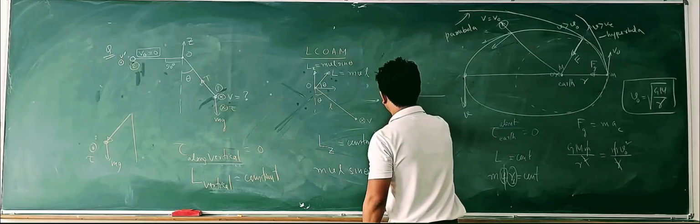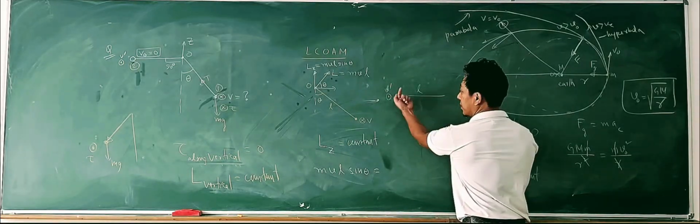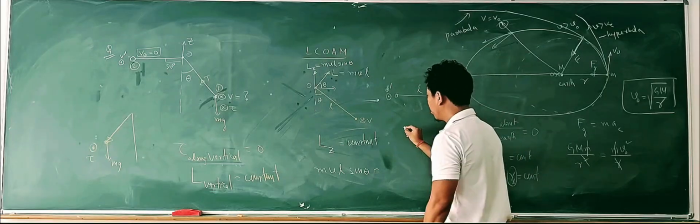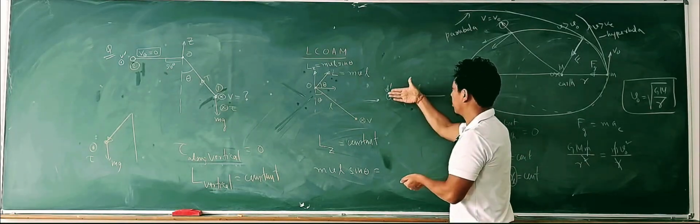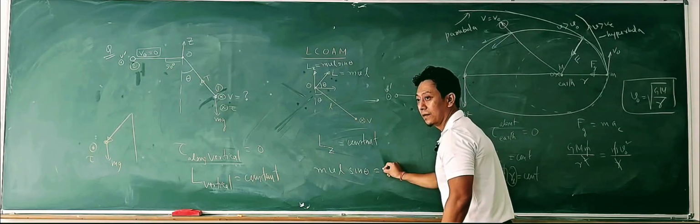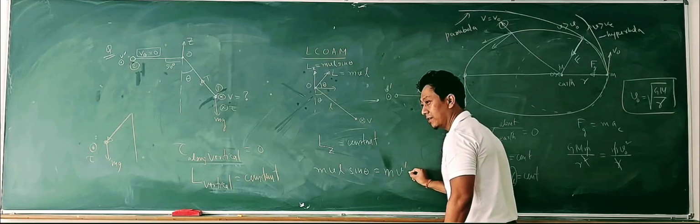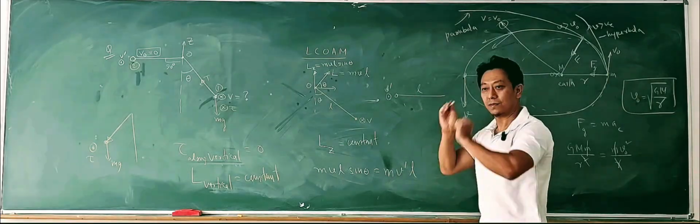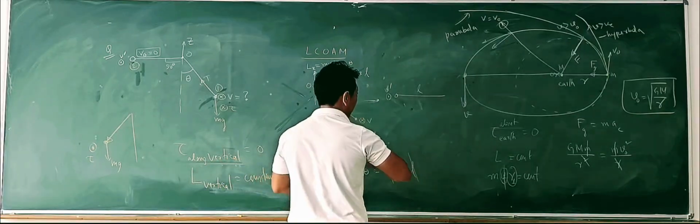When it reaches here, that is easy. Where is velocity? I told, out of the board. This is L, V is here. So what is angular momentum here? V is here, so L cross V, out. So what is that angular momentum? M V dash L. So M cancels, L cancels.